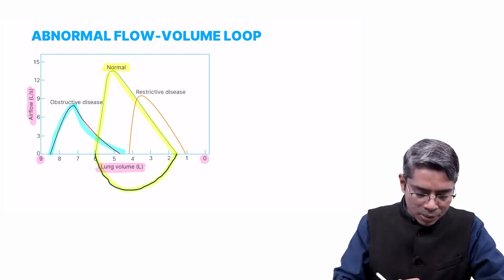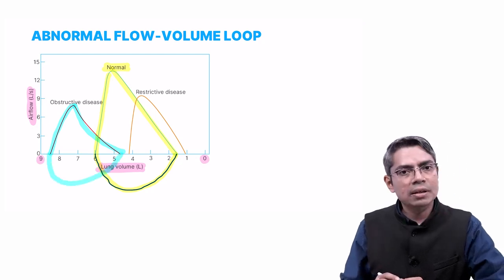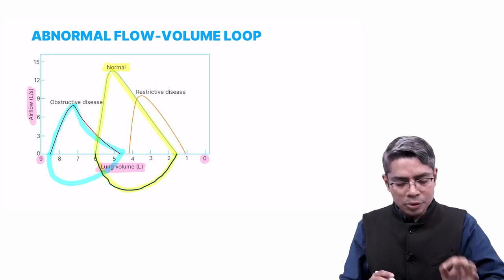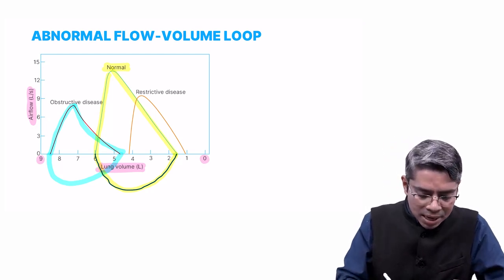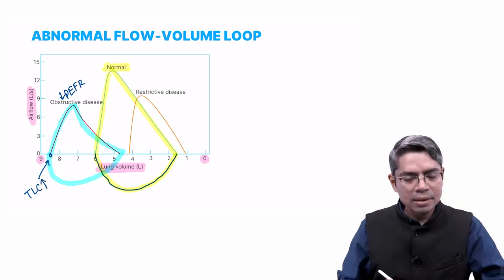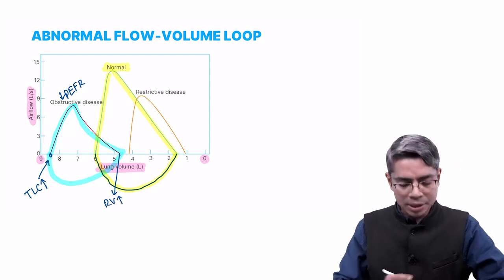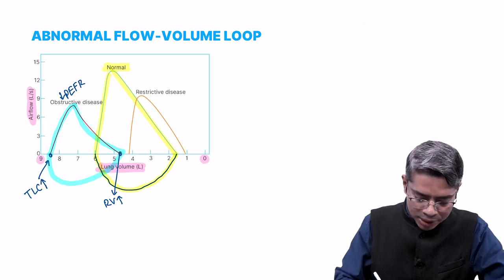So the flow volume loop will look like this. The curve is showing that the peak expiratory flow rate has been reduced, but there is an increment in the TLC. The TLC has increased. And what has happened to the residual volume? The residual volume has also increased, because this is the residual volume point in this curve.